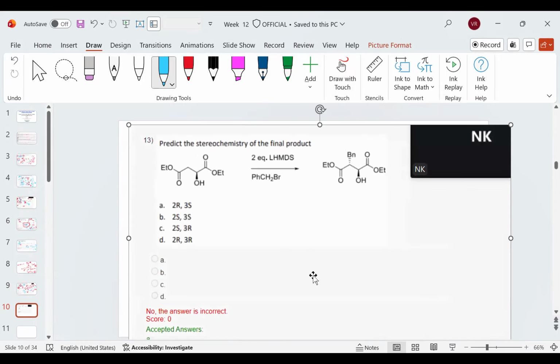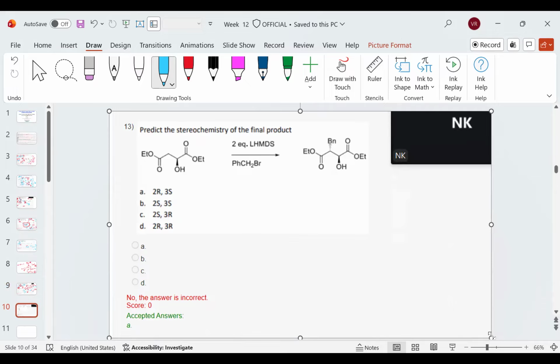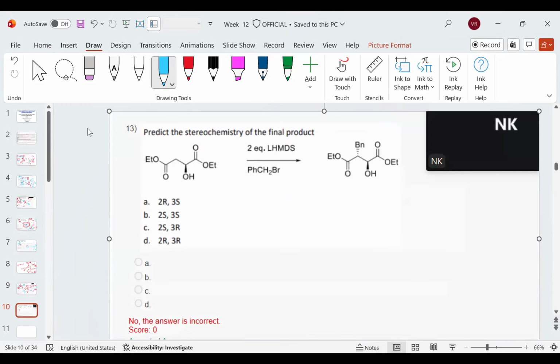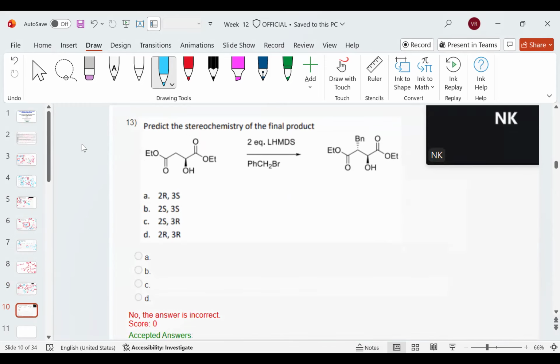You can try to find out why they have given this, or maybe they have just given some incorrect options. Anyway, let's move to the next question.